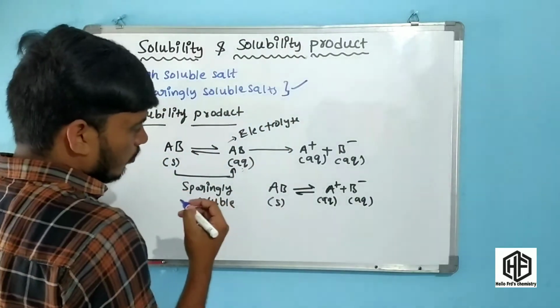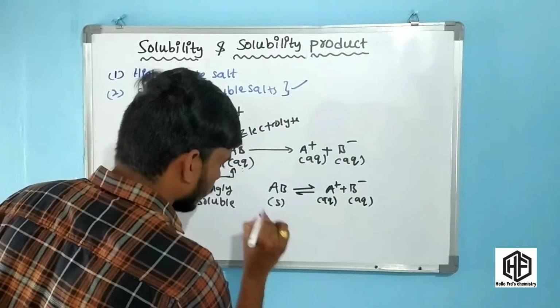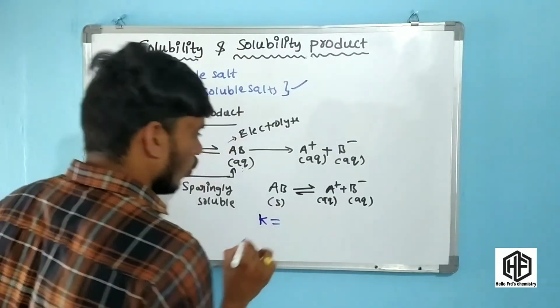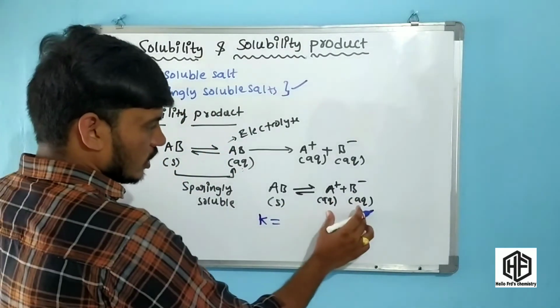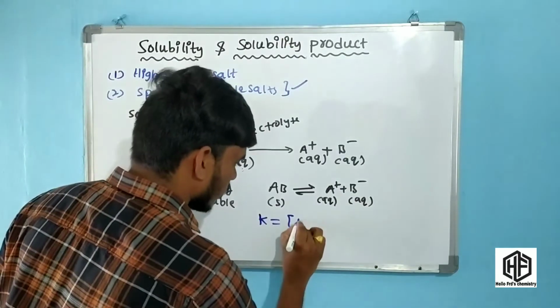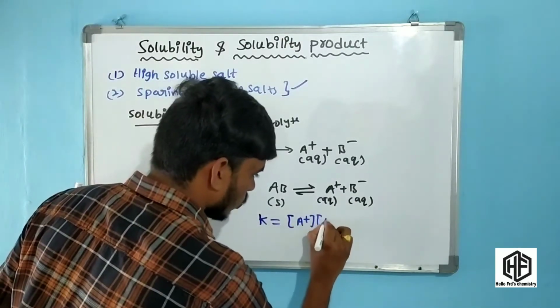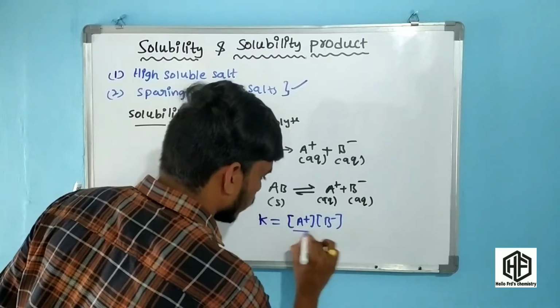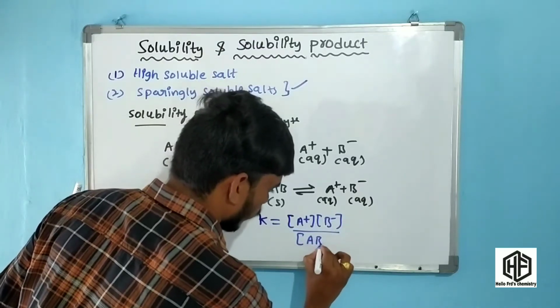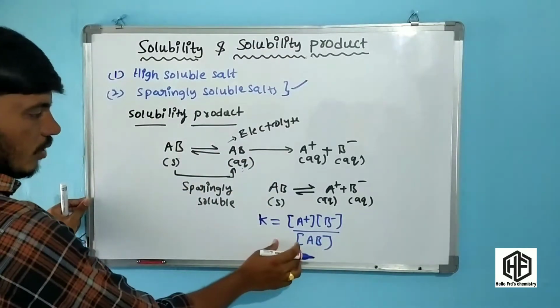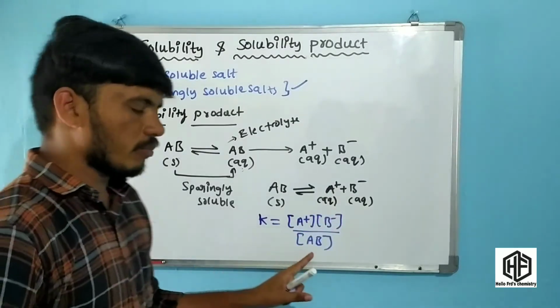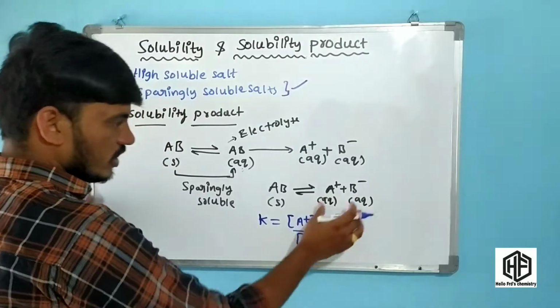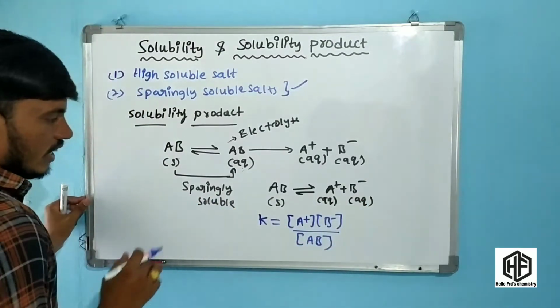The equilibrium constant K is equal to the active mass of products by the active mass of reactants. These are the products and these are the reactants. So K is equal to concentration of A plus into concentration of B minus by concentration of AB.